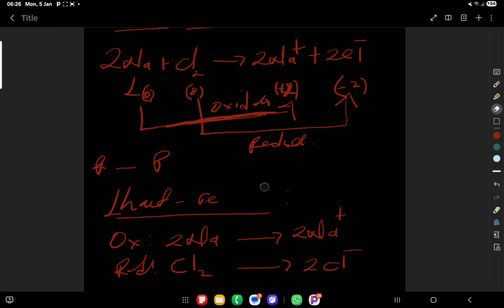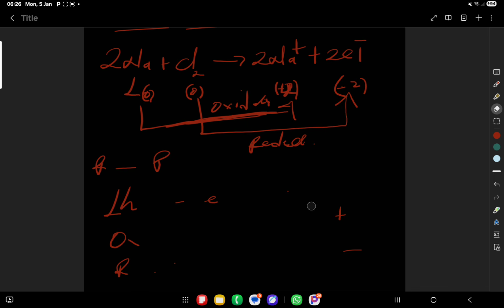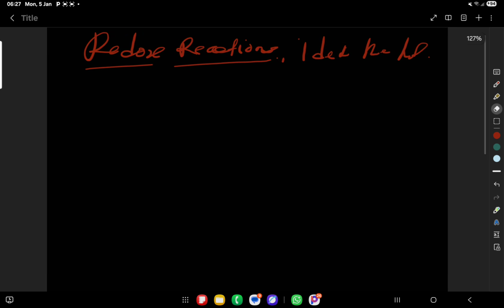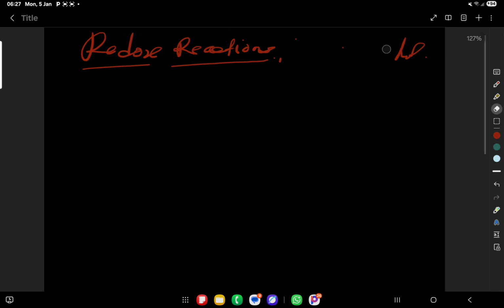Maybe I give another example. How do you identify the half reactions? Let me give another example, because this is very important in our next lesson.